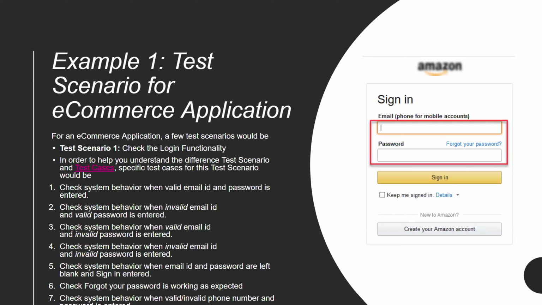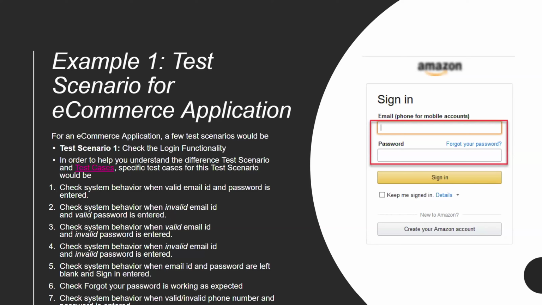So, like I was saying, test scenario one is to check the login functionality. As you can see from my screen, signing in can also be known as login. If you're able to log in, that means you have created your Amazon account. You're a registered user.